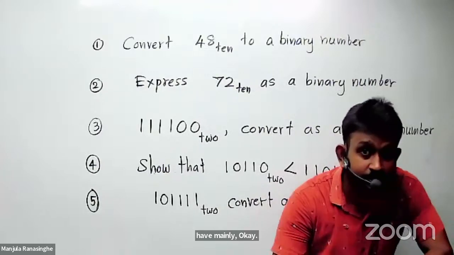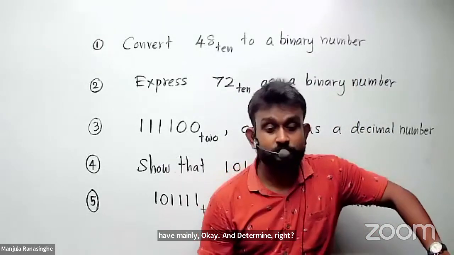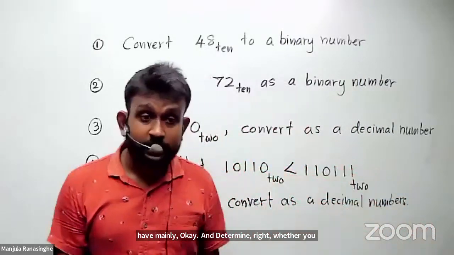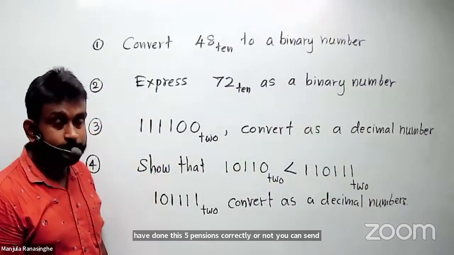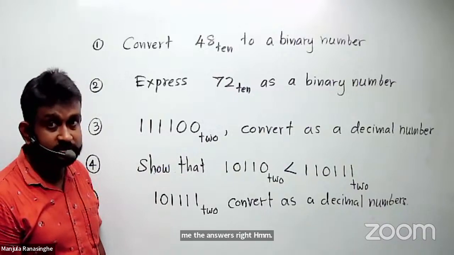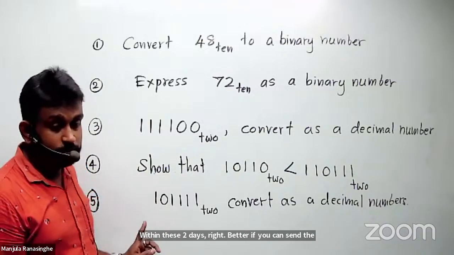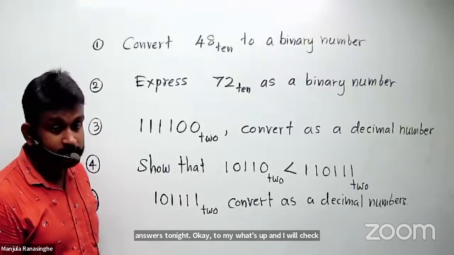So I can determine whether you have done these 5 questions correctly or not. You can send me the answers within these 2 days. Better if you can send the answers tonight, to my WhatsApp. Then I will check and give you marks, okay?